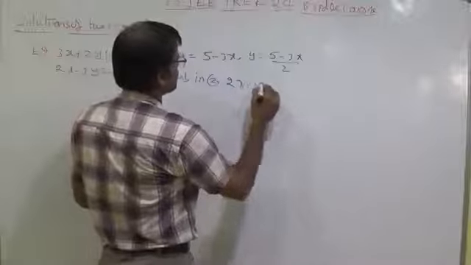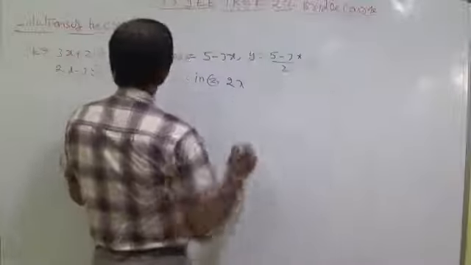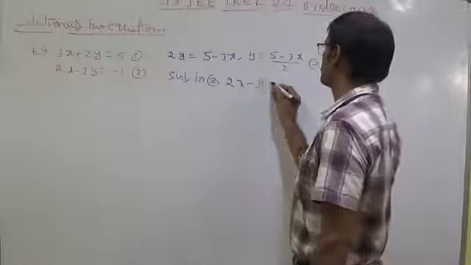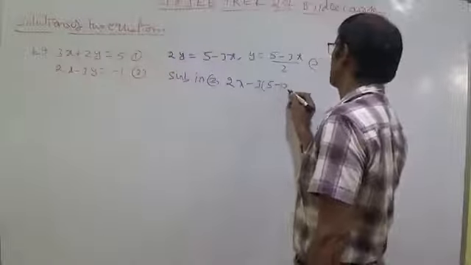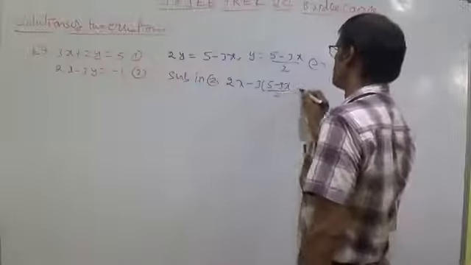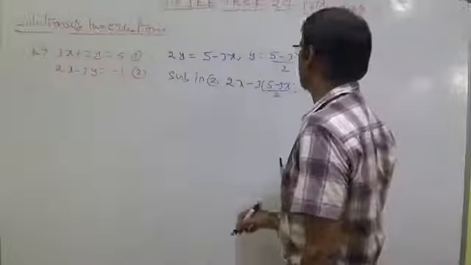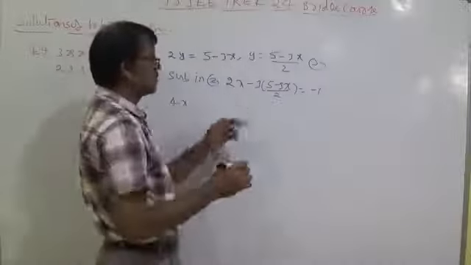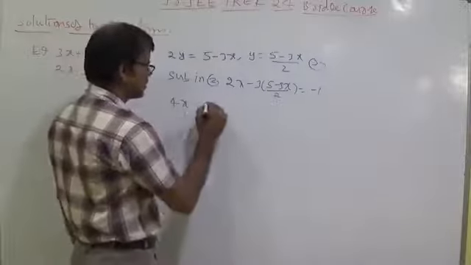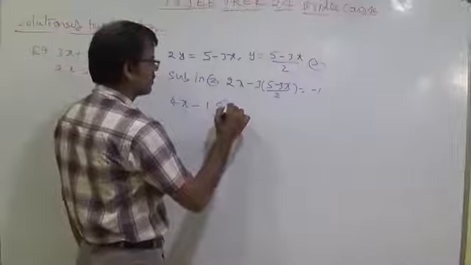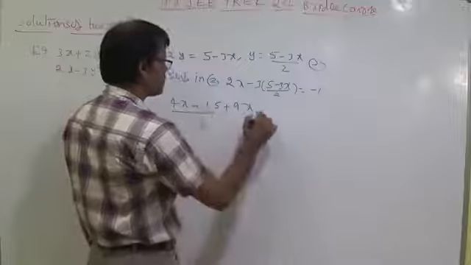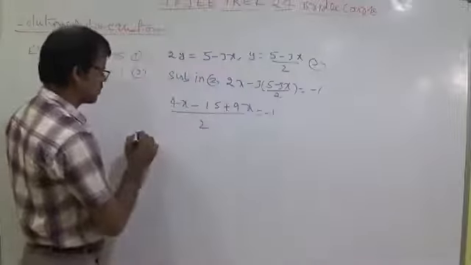Let it be the third equation. It becomes 2x minus 3 into (5 minus 3x) by 2 is equal to minus 1. Now we can write, by taking LCM, (4x minus 3 into 5, that is 15, minus of minus plus) whole by 2 is equal to minus 1.